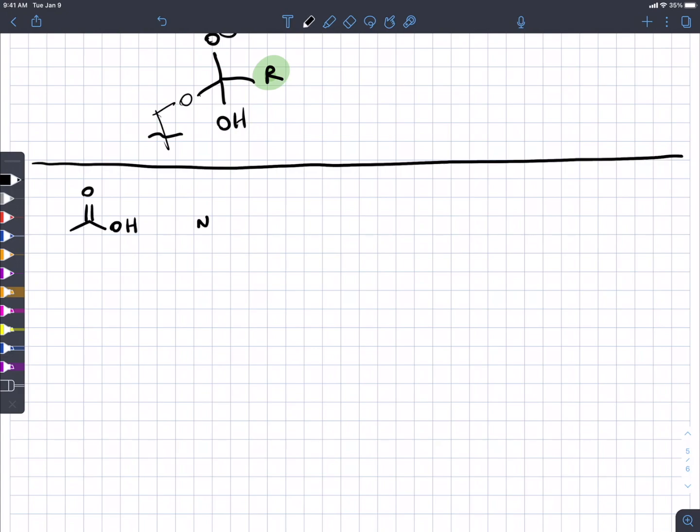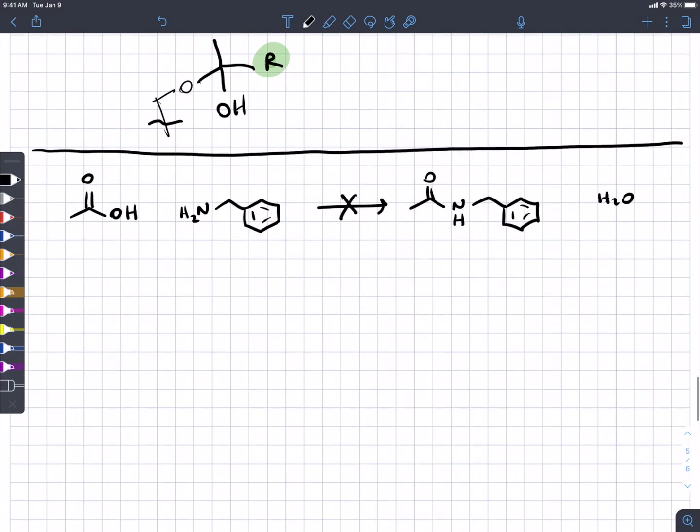For example, if I wanted to take this amine and react it with the carboxylic acid to give me an amide and then water, that's thermodynamically favorable, but it doesn't happen.